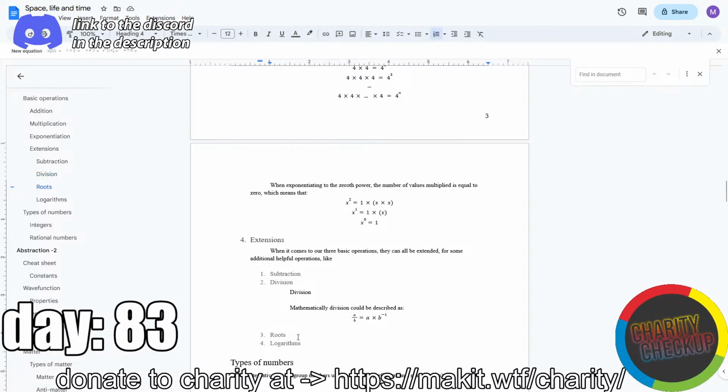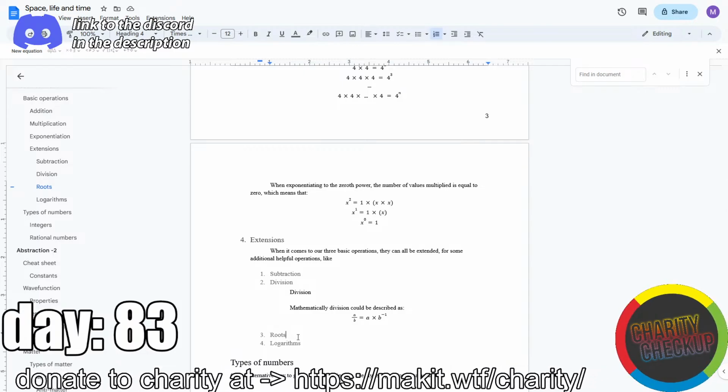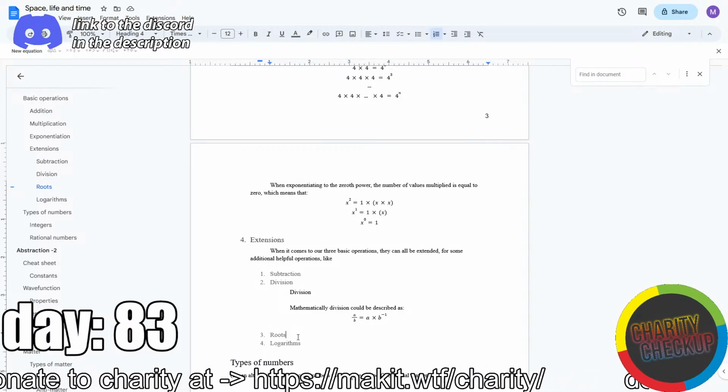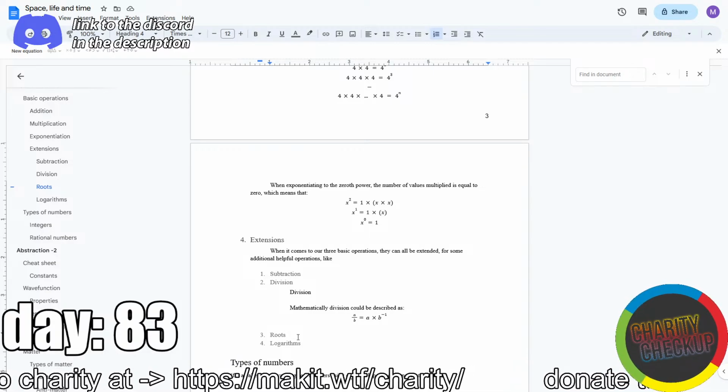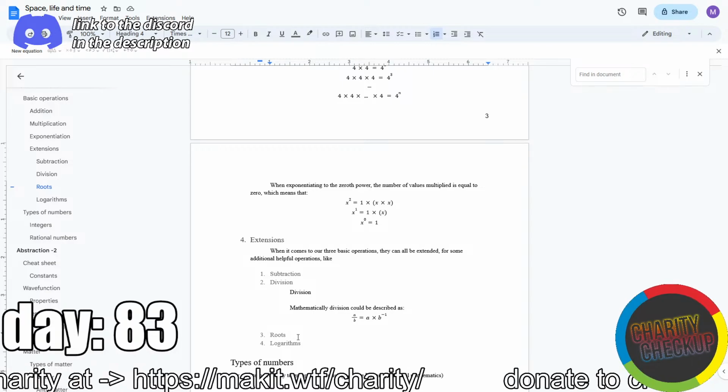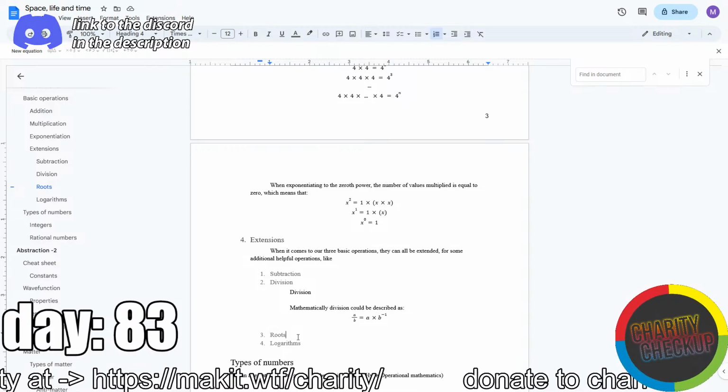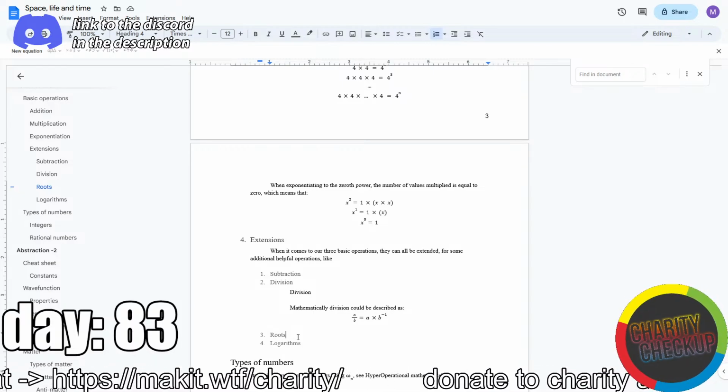Roots are a bit more annoying because the roots don't really have some need of an explanation, because in normal mathematics we don't have titration for some reason. Titration is not considered a normal operation. I don't know why.